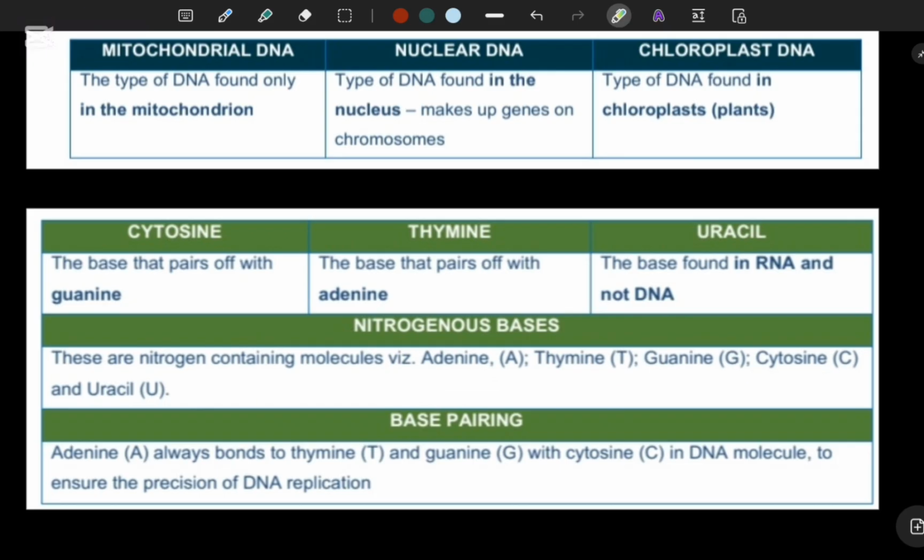That is DNA. And then we move on to RNA. RNA contains adenine, guanine, cytosine, and uracil instead of thymine. You can't have uracil and thymine in the same nucleic acid. Point number 1. That's one thing you should know.